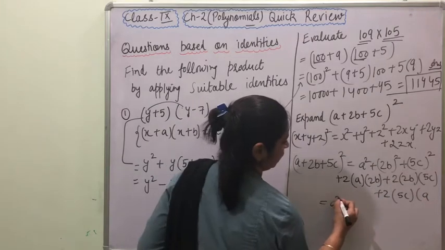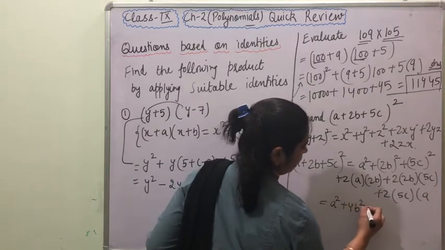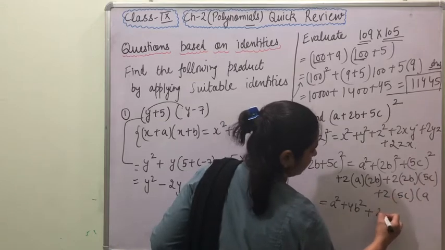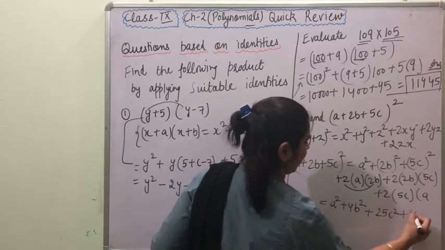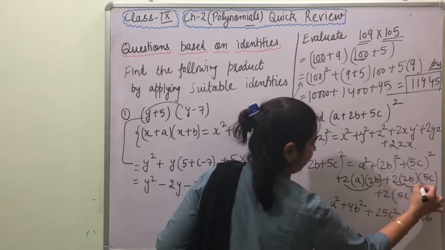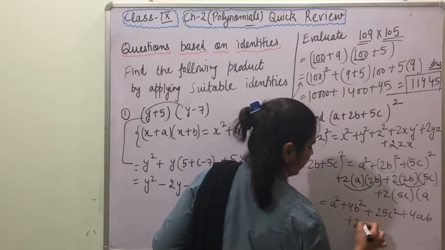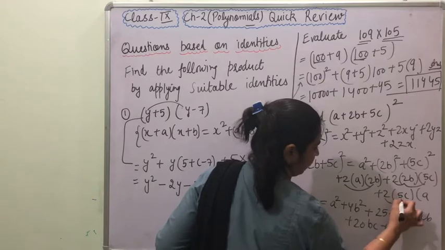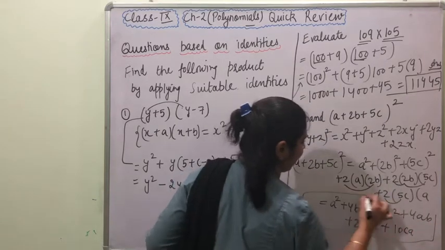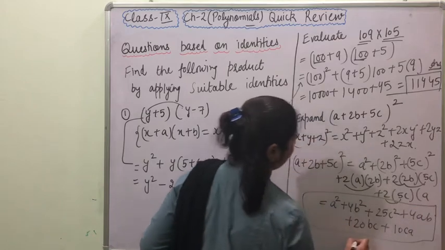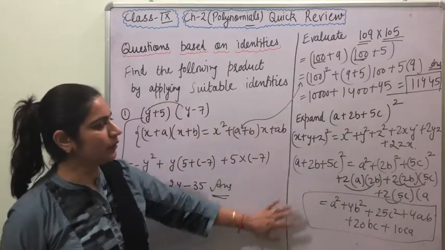This is equal to a square plus 4b square plus 25c square, plus 4ab, plus 20bc, plus 10ca. This is the final answer, but you have to mention the identity. Whatever identity you are applying, you just have to mention.